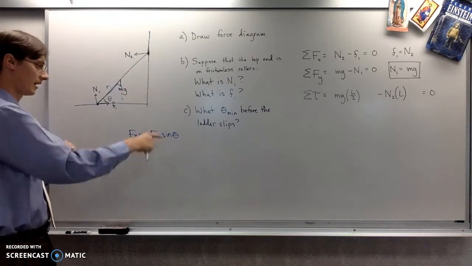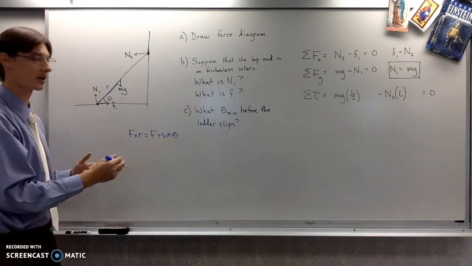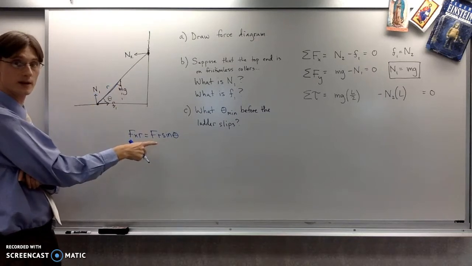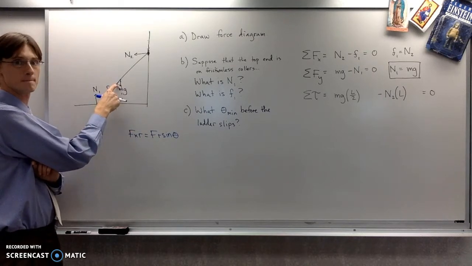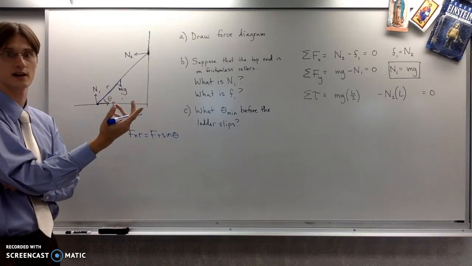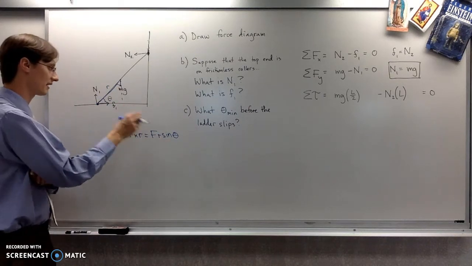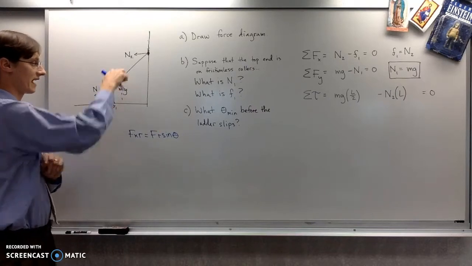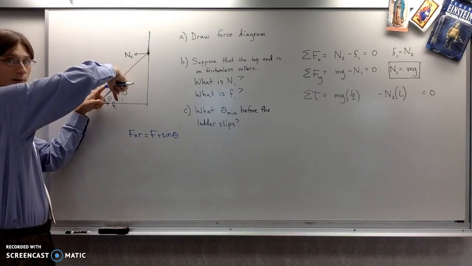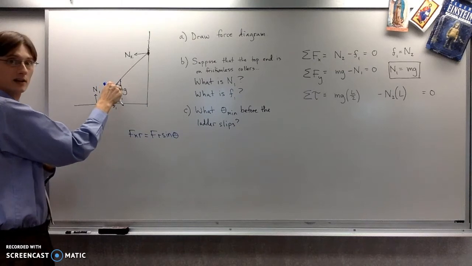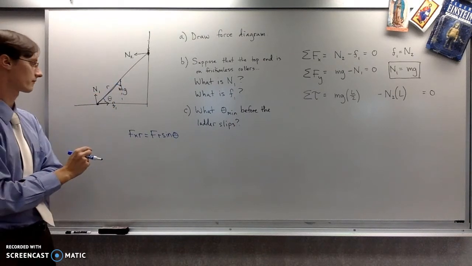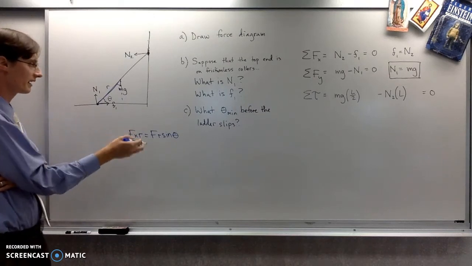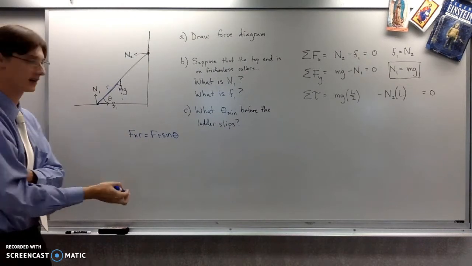So the angle I'm going to be using in this equation is this one. If I was going to use sine of theta, theta isn't the one I drew down here. For this equation, it's the angle between the force and the radial vector, which is the angle up here at the top of the triangle.